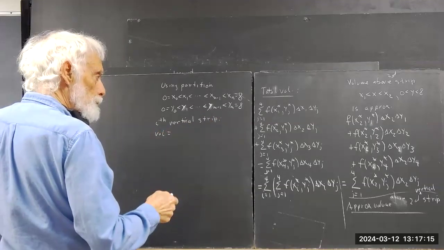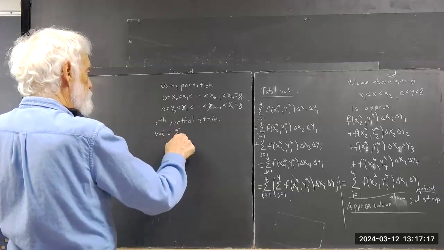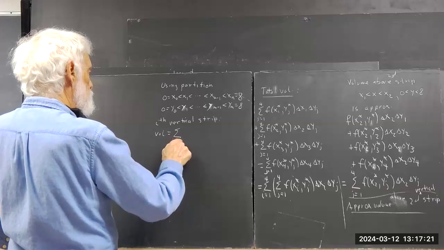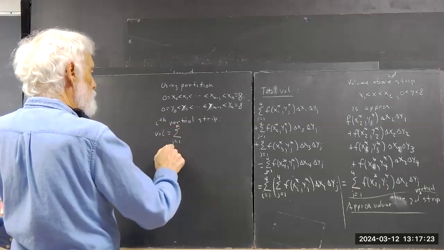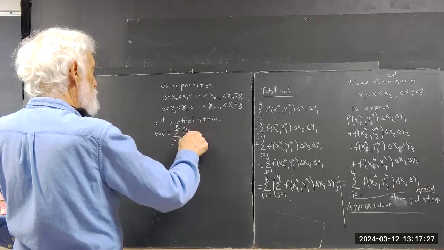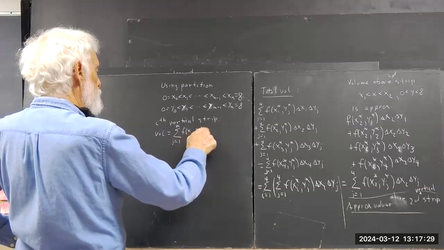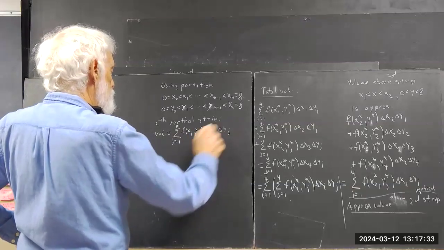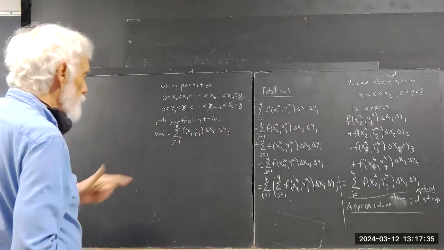For the ith vertical strip, right there's my volume.